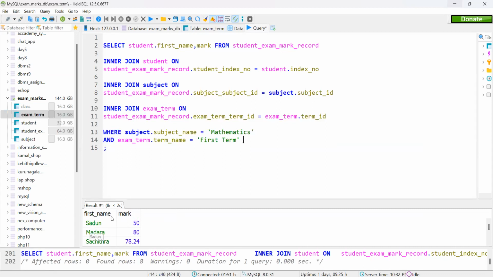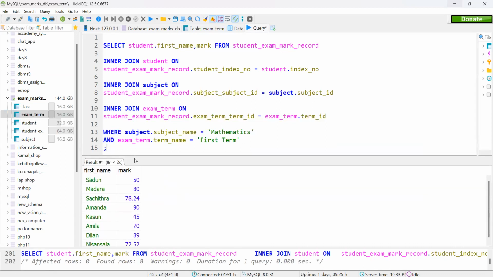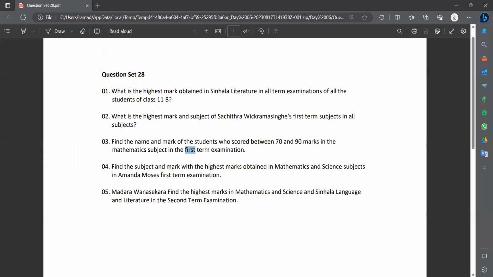We have those marks, and there is another condition: mark between 70 and 90.